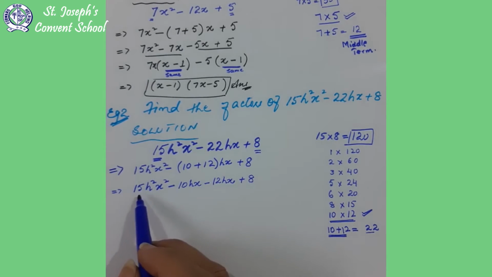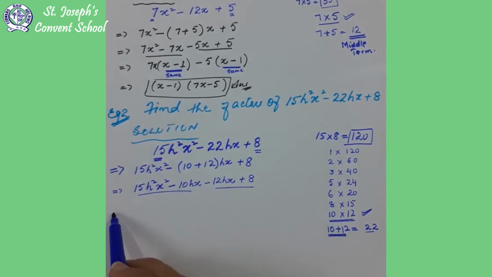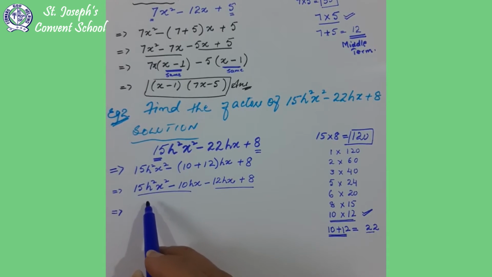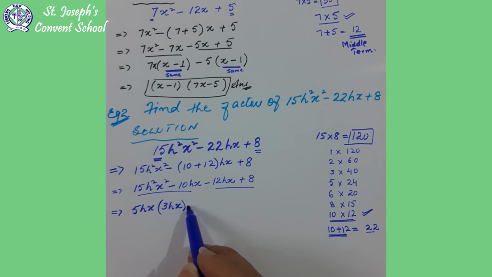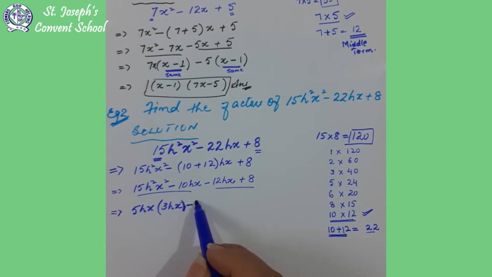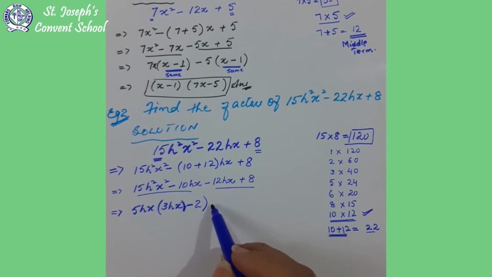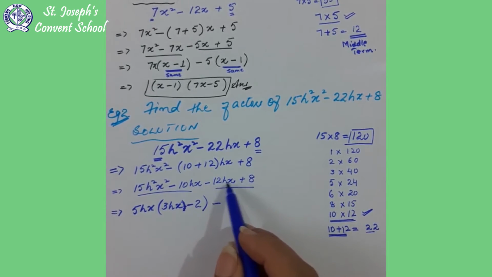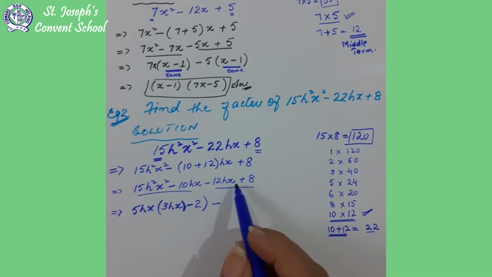Okay. Now common from first two and then from last two. Common here is 5 and h and x. Remaining terms, 5 into 3 is 15. 1h is common, 1h is remaining, 1x is remaining. Minus sign, this bracket will not come. Minus sign. 5 into 2 is 10, so 2 will come. Minus, now common from these two, in which table both terms go?